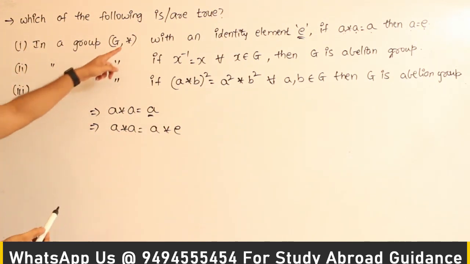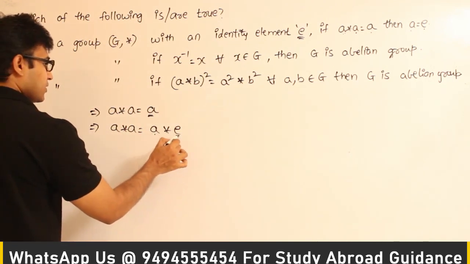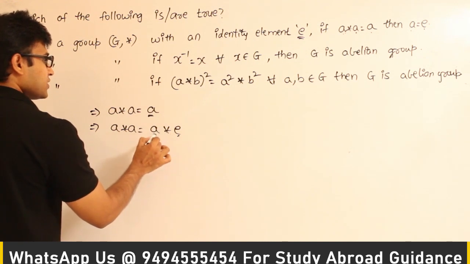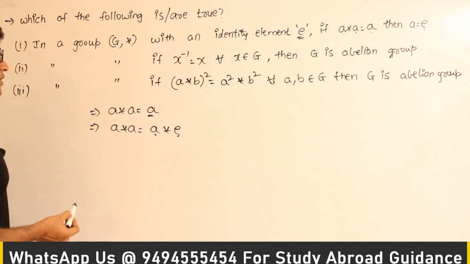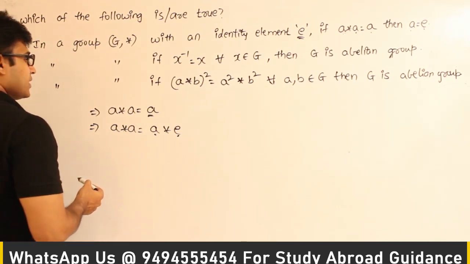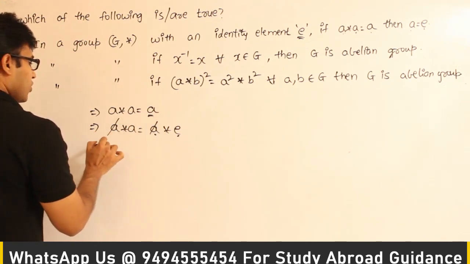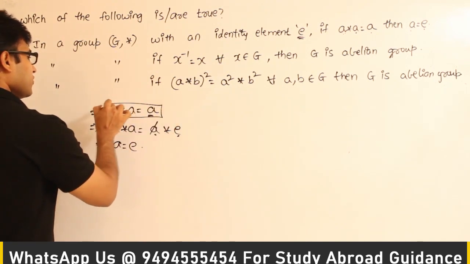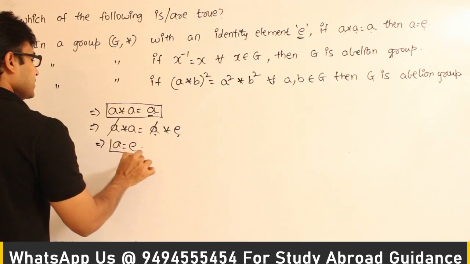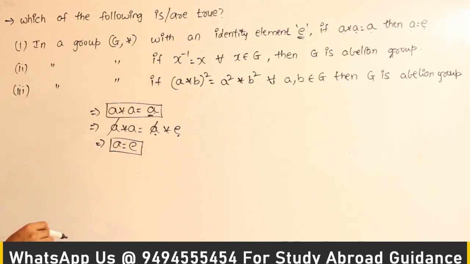Where star is some operation, I don't know, but since it is an identity element, this is true: A star E is equal to A. Now I can apply the cancellation rule. I have already told you that we can cancel from the left hand side or from the right hand side. So I am cancelling from the left hand side. Then what did we get? A equals E. Therefore if A star A equals A, then A equals E in case of a group where E is an identity element.